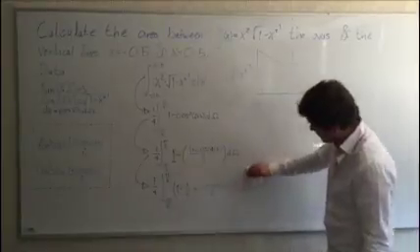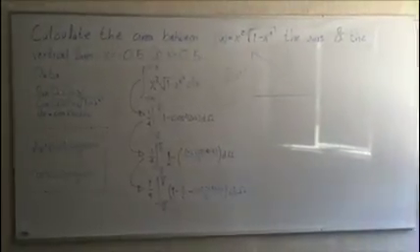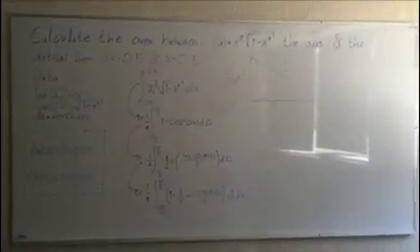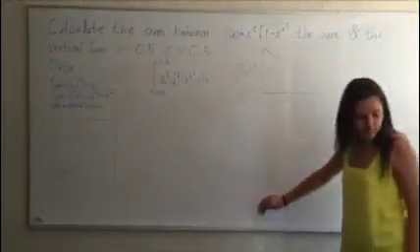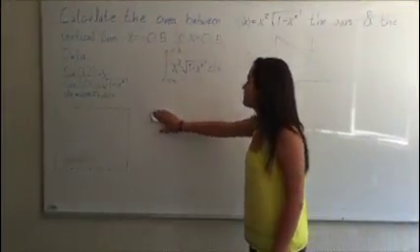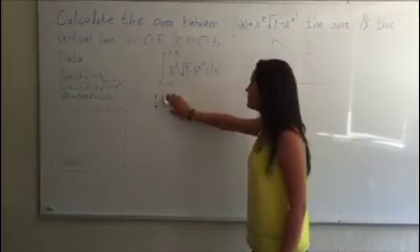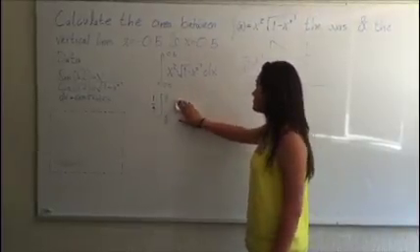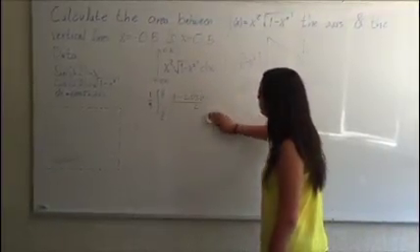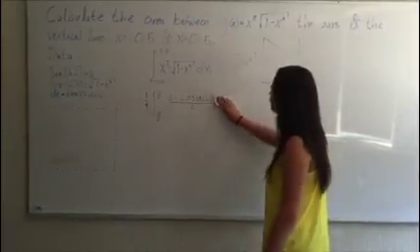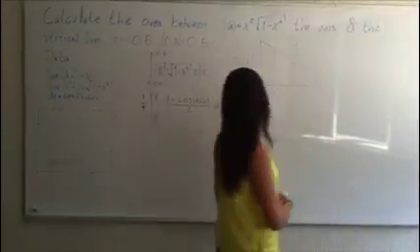Now with that in mind, we change everything and we just make it in terms of halves. So now we have 1 minus cosine of 4 omega over 2 d omega.